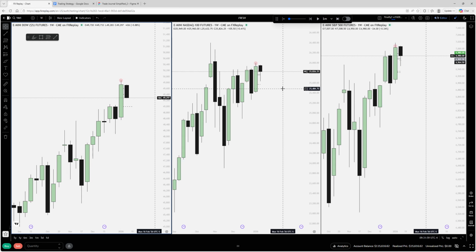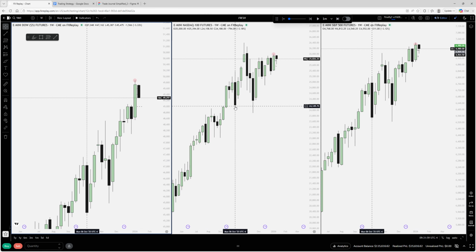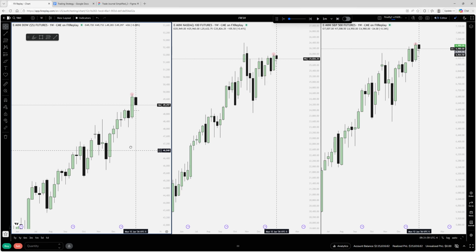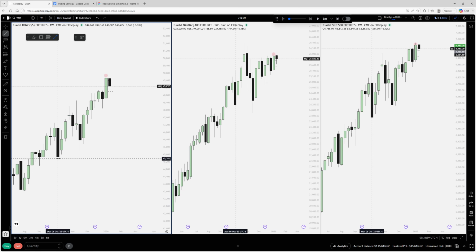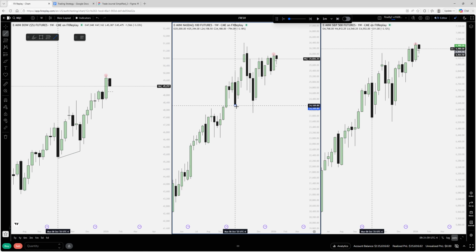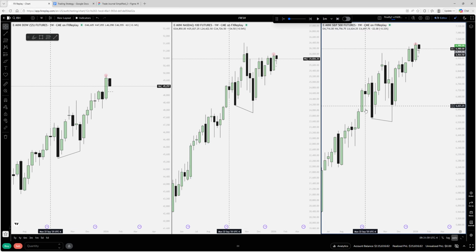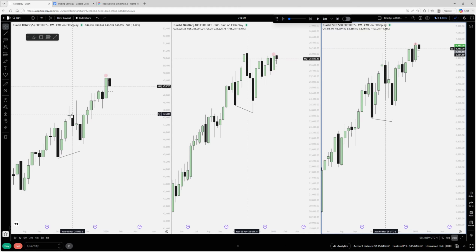First things first, I noticed that we have this SMT here. So the weekly put in this reversal right here, right? So that tells me, okay, we expanded, and then look at this.